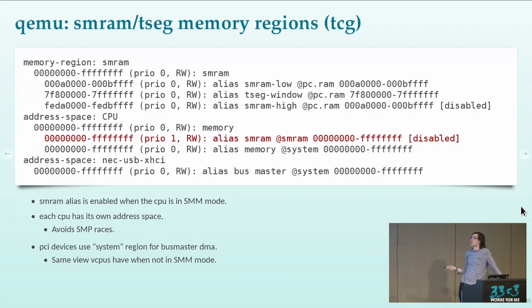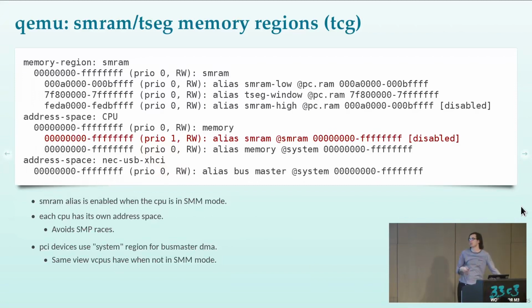And if the CPU enters system management mode, this SMRAM alias will be enabled, and the CPU can access all these regions. And if it leaves system management mode, it's disabled again, and it's not visible anymore. And we have one of these address spaces for each virtual CPU. So it's impossible to run SMP attacks because each CPU has its private space.